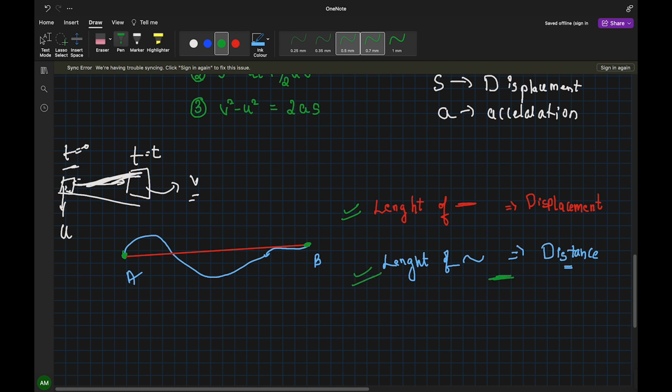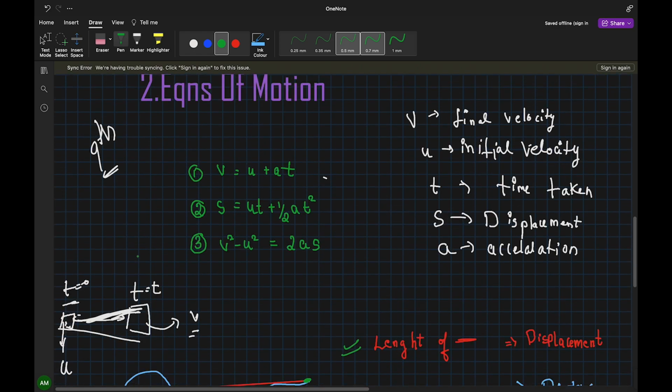That is distance, and as you can see, distance is greater than or equal to displacement. And distance is usually not equal to 0. Displacement can be equal to 0. Now assume he went from here like this, and then came back to here. Then displacement is 0. So is this clear? Done.